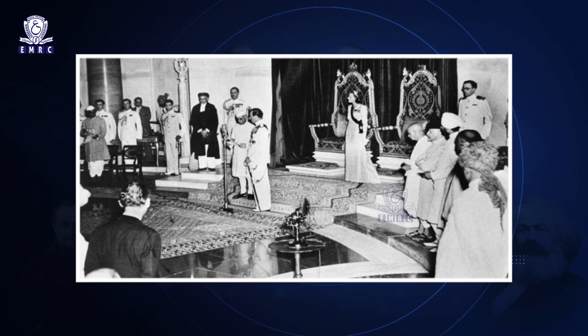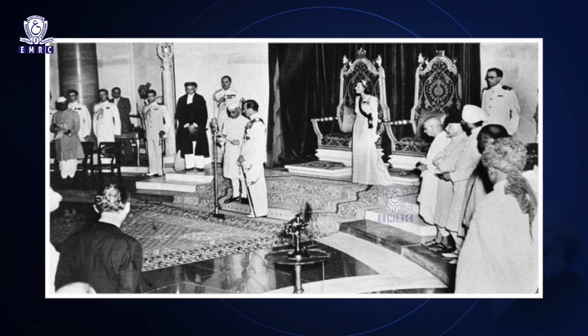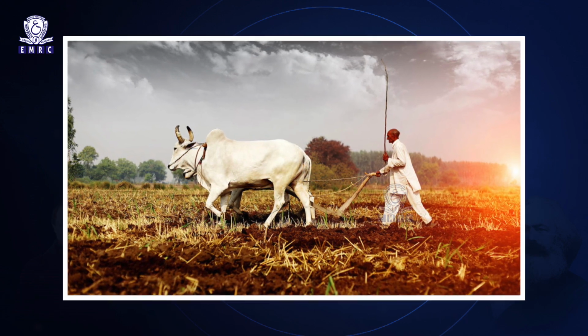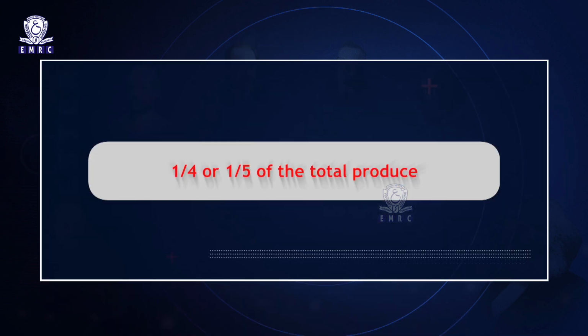As a consequence, legislations were enacted after 1947 to regulate the limits of rents and reduce the burden on tenants. The first 5-year plan stated that maximum rent should be fixed at 1/4 or 1/5 of the total produce.